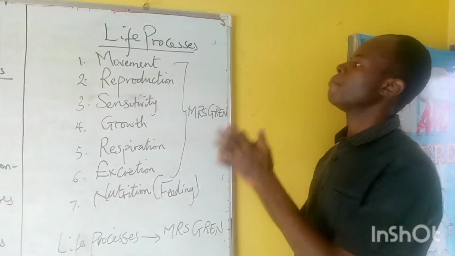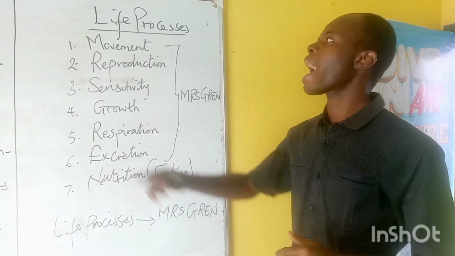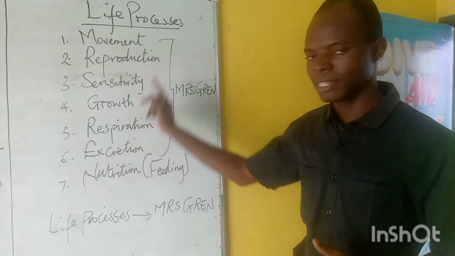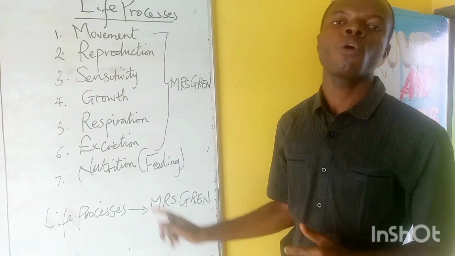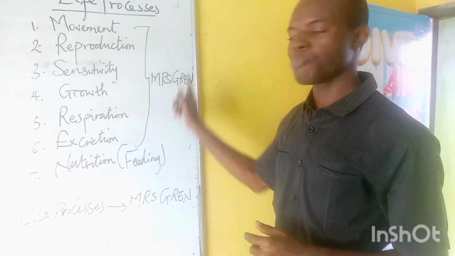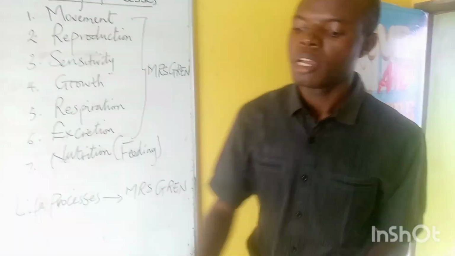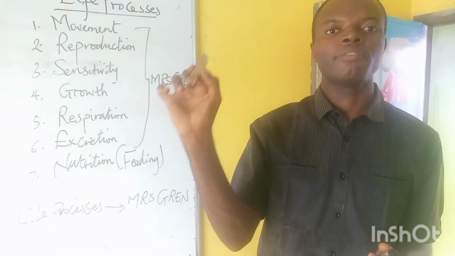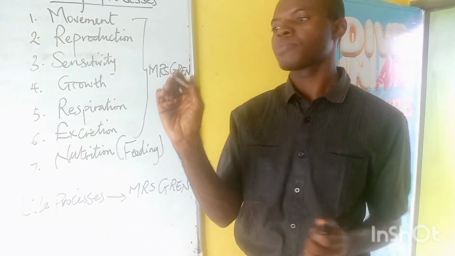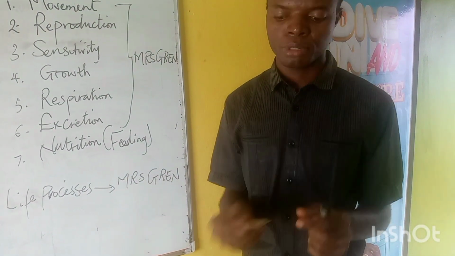So the difference between living things and non-living things is that a living thing has all the life processes, Mrs. GREN, complete in it, while a non-living thing does not have all the life processes complete in it. The stick is a non-living thing because it cannot move, it cannot reproduce.